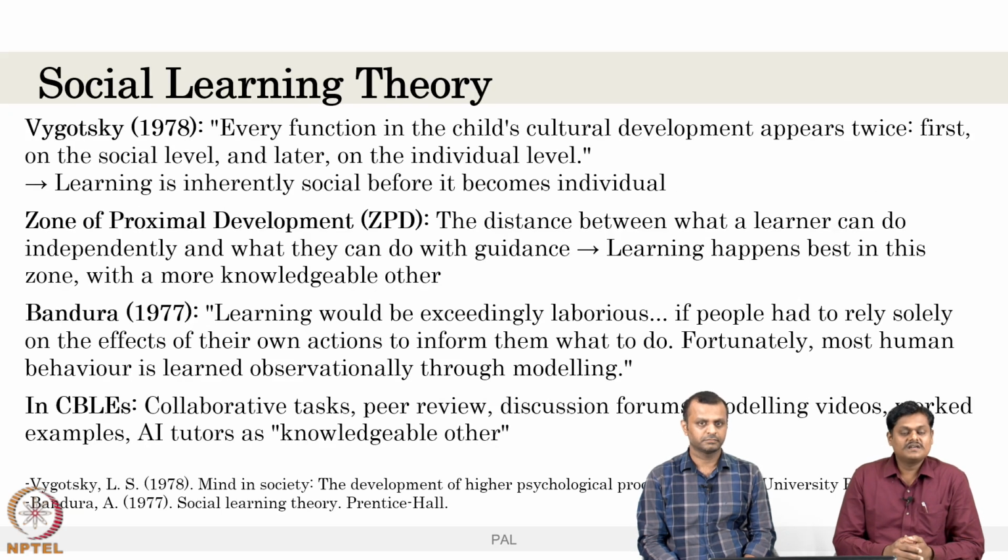We are moving towards the last learning theory, which is social learning theories. We'll look at work by Lev Vygotsky in the 70s and Bandura, also in the 70s. Vygotsky talks about social learning: every function in the child's cultural development appears twice, first on the social level and later on the individual level.